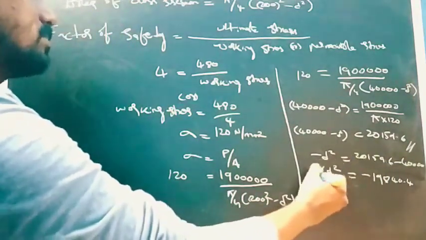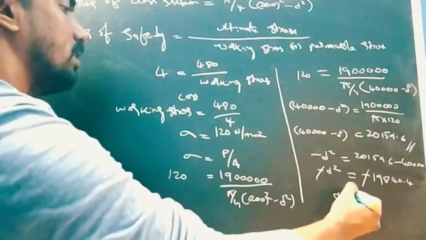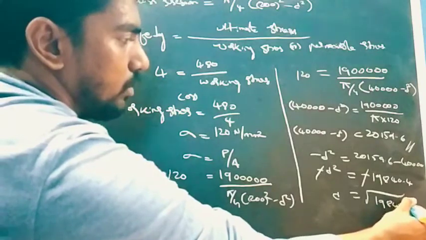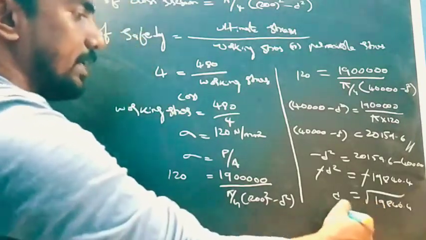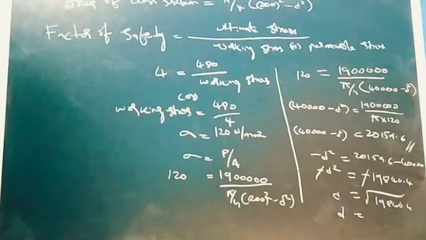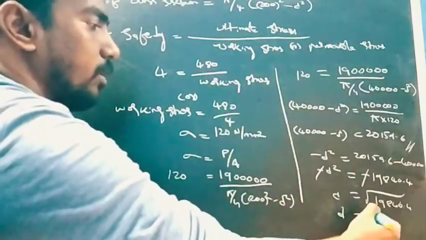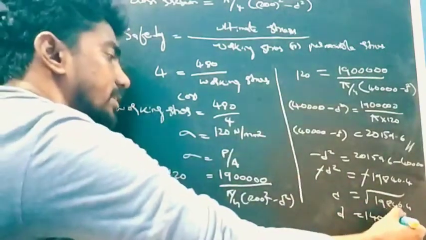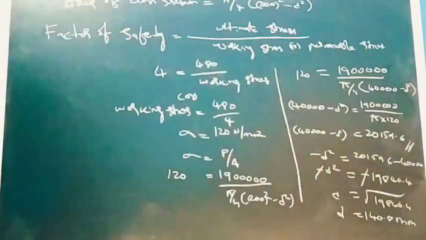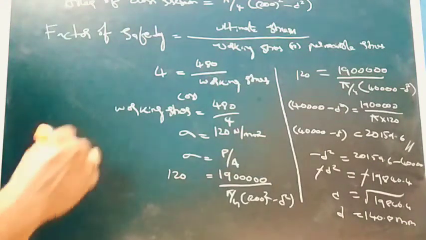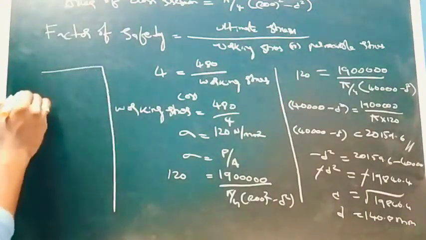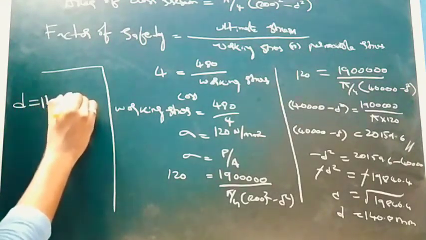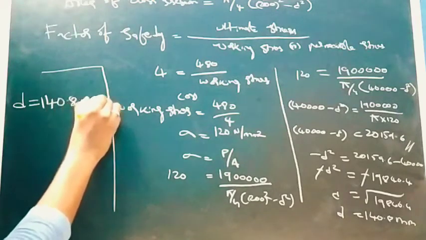The minus signs get cancelled, so d square is 19840.4, and d is under root. Taking the square root, we get the d value, that is 140.8, and the units are in mm. So we got the small d value as 140.8 mm.